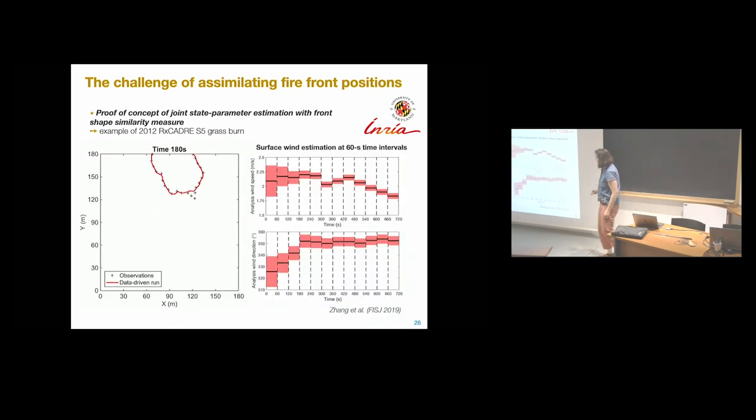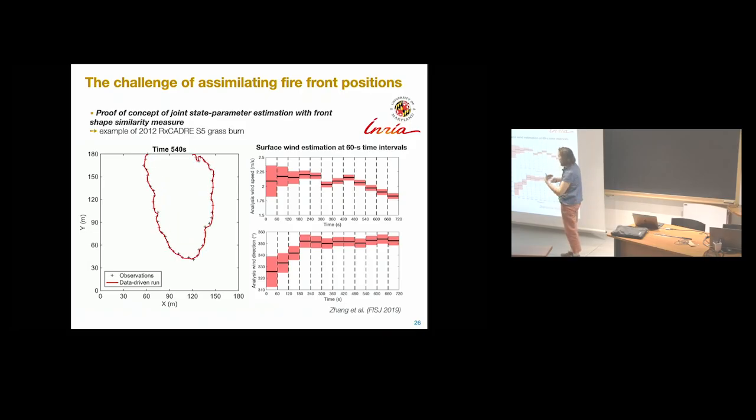What we were able to do is, if you have the observed front, you see that with your data-driven algorithm, we were able to track the observed fire fronts over time. And we do not only track the front, we also, over time, correct the wind speed and the wind direction that is used as an input to the rate of spread model.